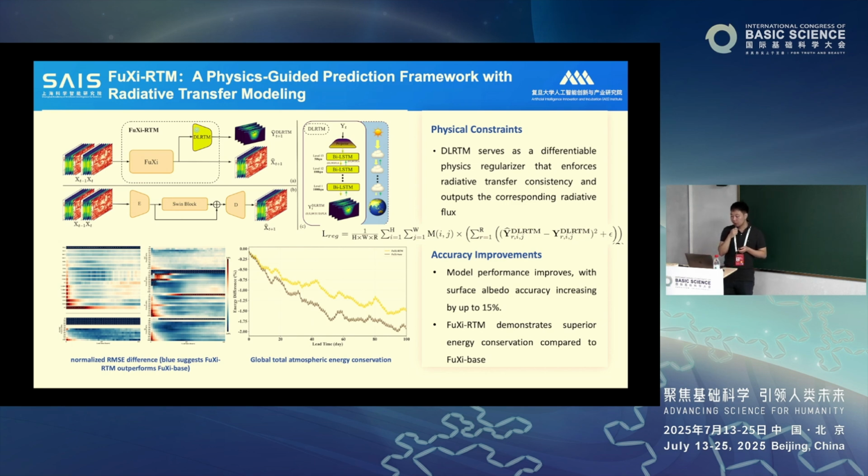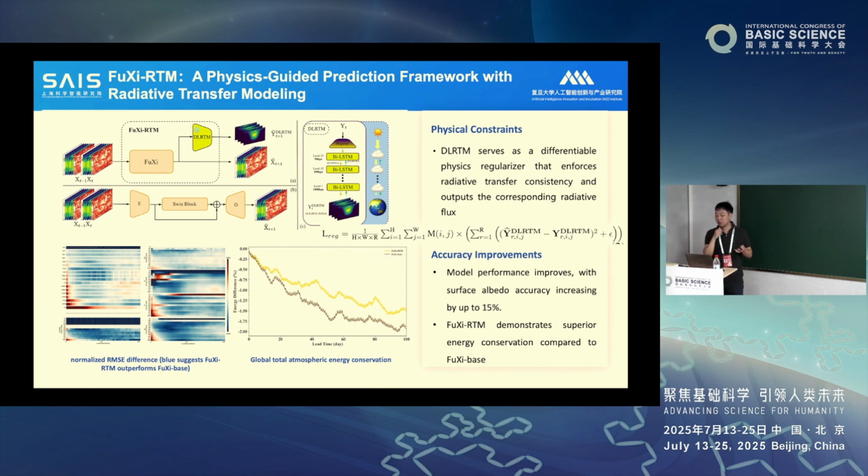So that's why we came up with this idea. We developed FuXi RTM, where we use deep learning models to emulate the radiative transfer processes within the NWP models. So this deep learning based RTM is basically a surrogate for the traditional radiative transfer schemes.